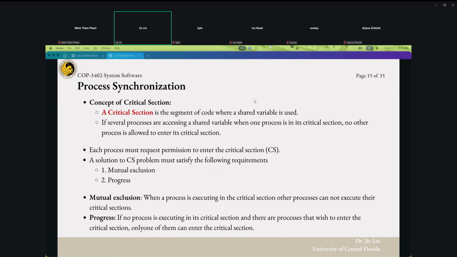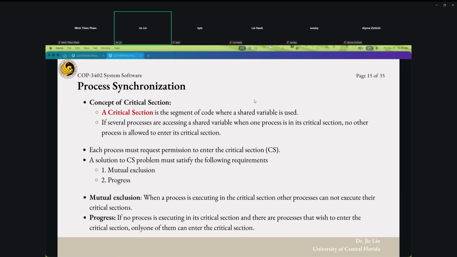Now, we formally define two terms, critical section and mutual exclusion. Any robust solution to managing the critical sections must satisfy two conditions: mutual exclusion and progress. We have understood mutual exclusion, but let me emphasize it. Mutual exclusion ensures no two processes are ever simultaneously in their critical sections.